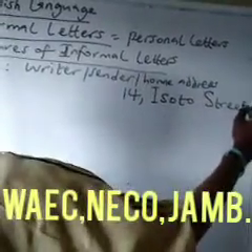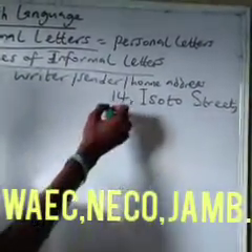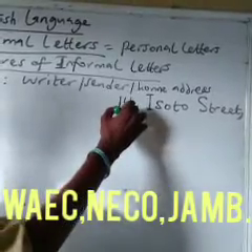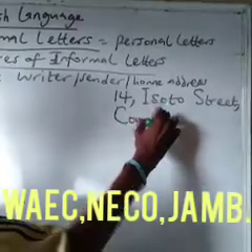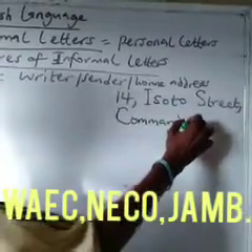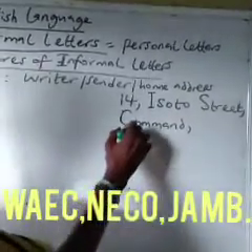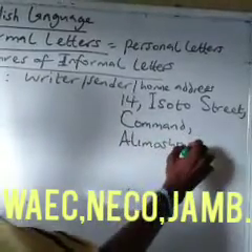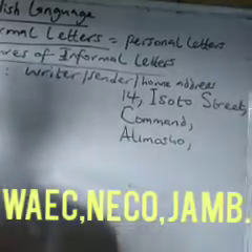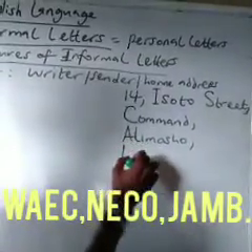Make sure you put a comma. Then, where is Isoto Street? It is in a community, then comma. Then the local government comes next: Alimosho, then comma. Then where is Alimosho? In Lagos.